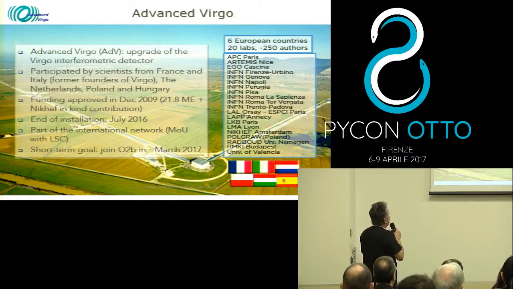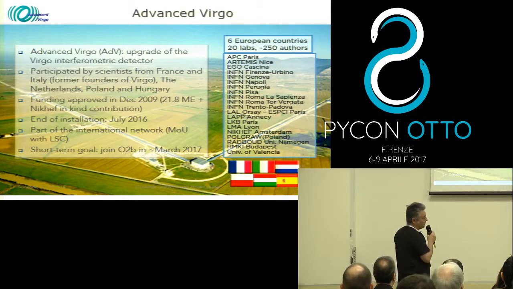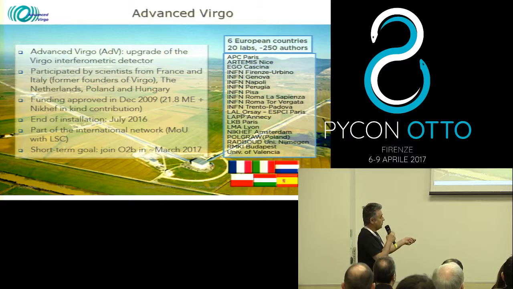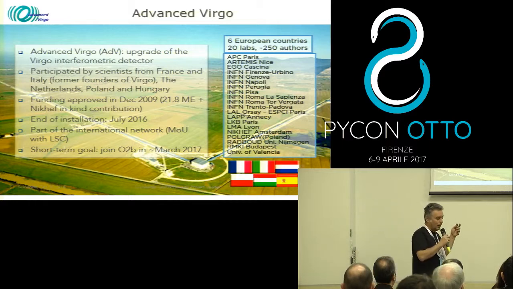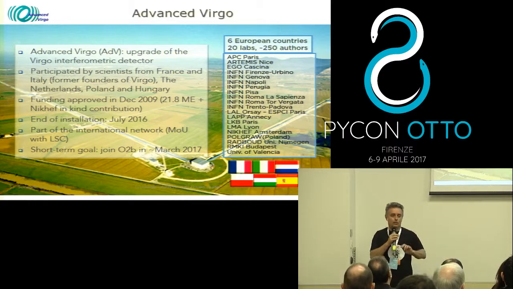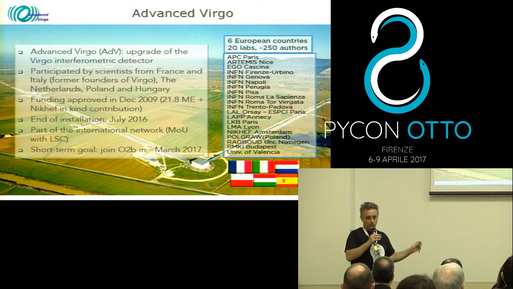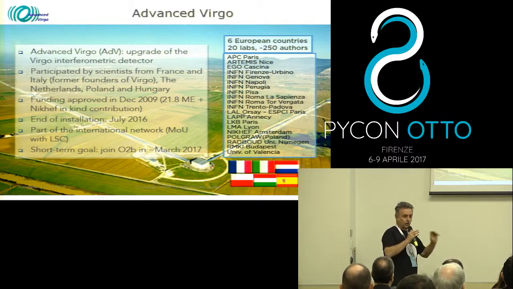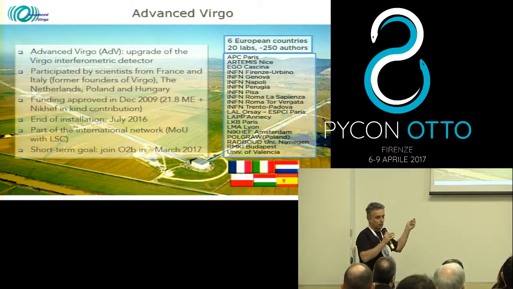We are part of the international network together with LIGO. We have an MOU, a memorandum of understanding, and this is why in this case the data analysis is completely common. Virgo and LIGO groups are working completely together on the data. We are sharing the data completely, so the idea is that once we are online, the data will be analyzed all together.